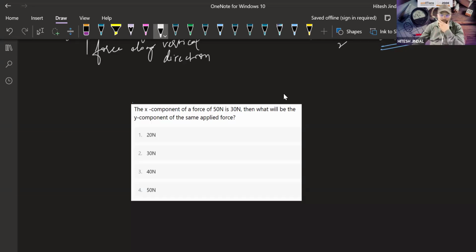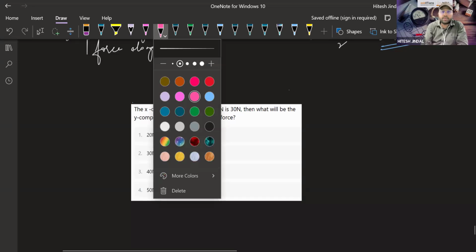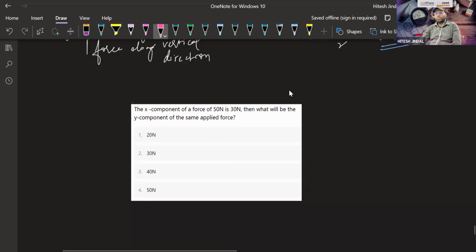Will all of you do सर this? 20 न्यूटन. You're saying it is? Amar, check करो. Right, do it again. Do it with proper method.